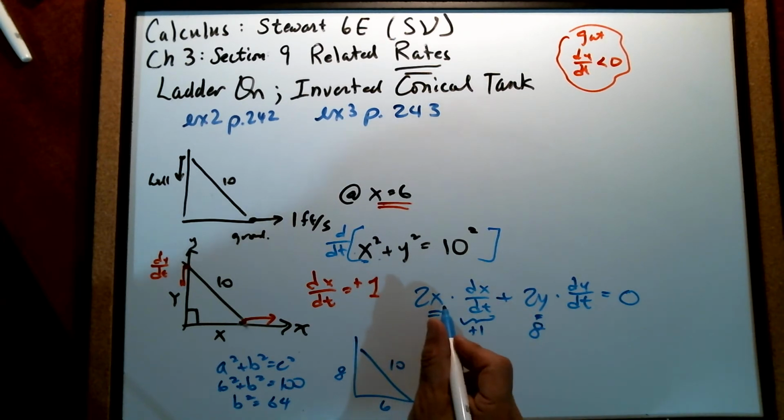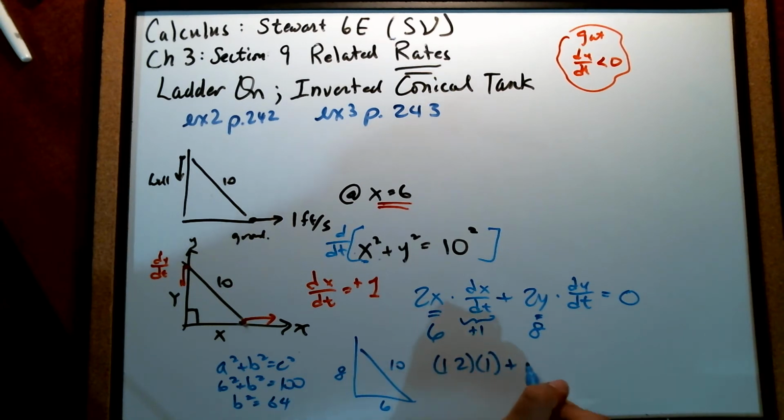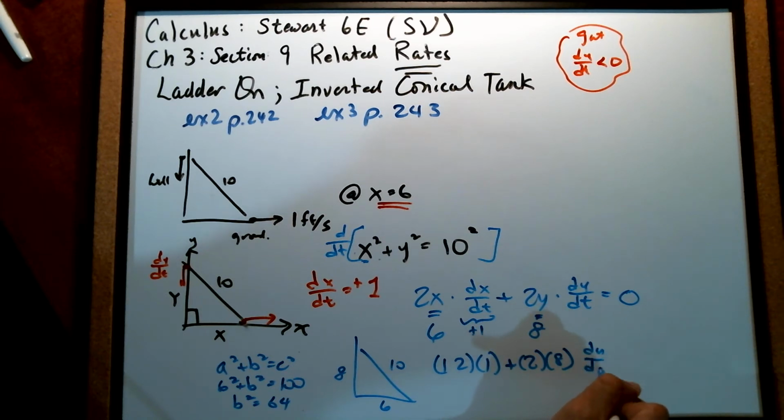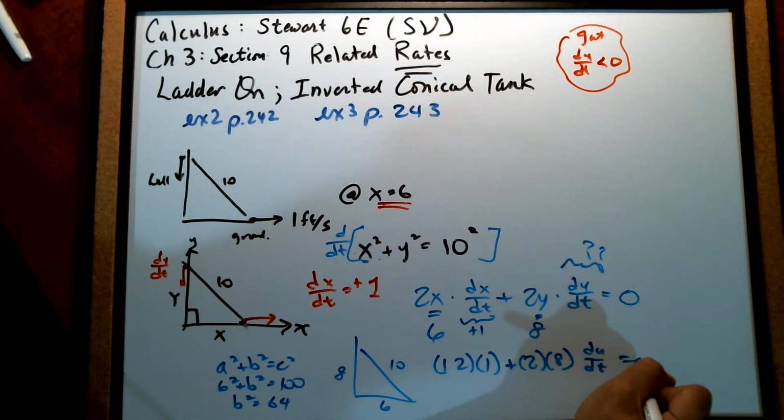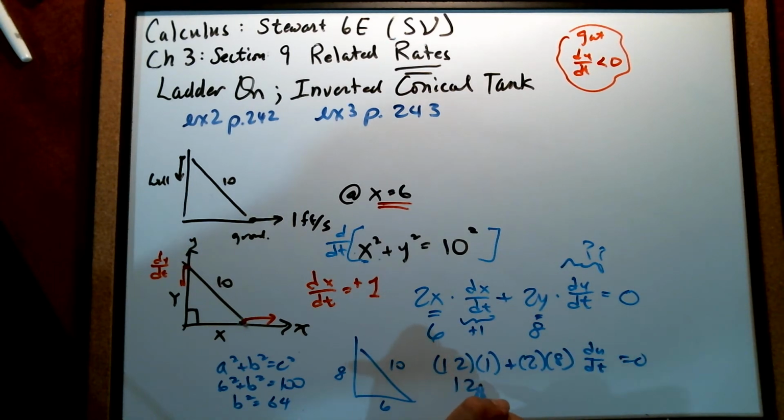So you end up with 2 times 6, which is 12, times 1, plus 2 times 8 times dy dt. That's what we're looking for, right? It's equal to 0. 12 plus 16 times dy dt is equal to 0. Solving for dy dt, we're going to move the 12 to the left side, divided by 16. That gets rid of that.